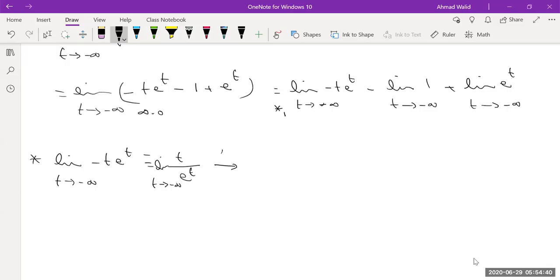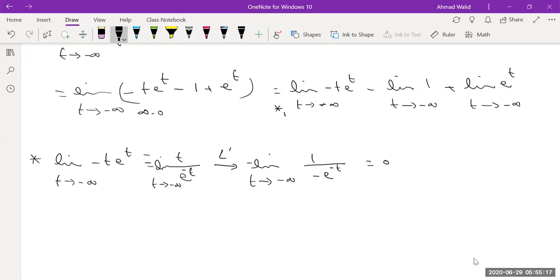Then you can apply L'Hopital's rule and rewrite it as negative limit as t approaches negative infinity of the derivative of the top, which is 1, over the derivative of the denominator, which is e to the, sorry, negative t, which gives you negative e to the negative t, because I sent it to the denominator, correct?